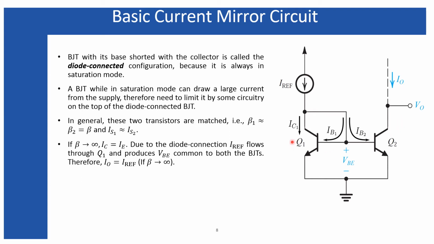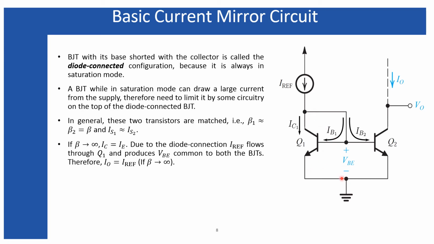Now look at the configuration of transistor Q1. Here the collector of transistor Q1 is shorted with its own base. By making this circuit, we can confirm that the collector base voltage of Q1 is 0, and since the base emitter voltage is greater than 0.7, the base emitter junction is also forward biased.